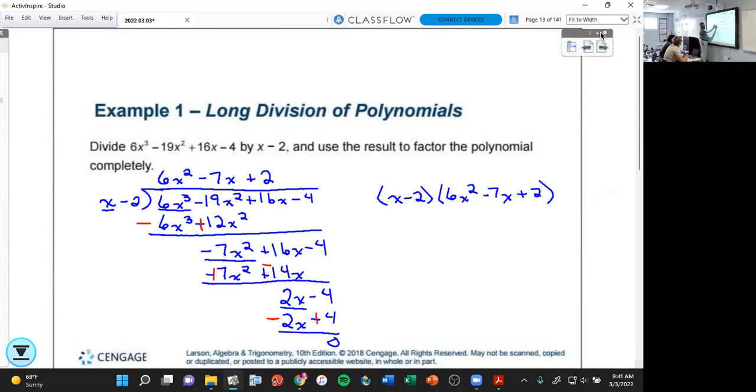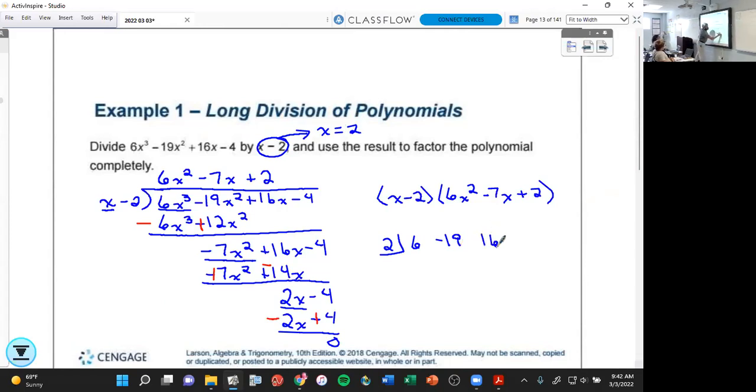I'm dividing by x minus 2, which means x equals 2 goes in my box. My coefficients are 6, negative 19, 16, negative 4. Did I need any zeros? 3, 2, 1, 0.